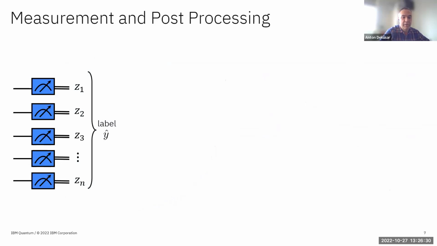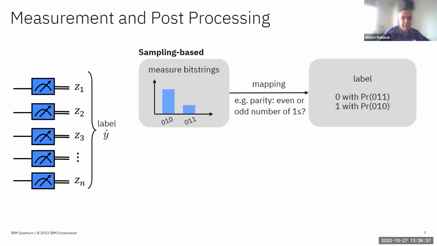So how do we measure and how do we post-process the outcome from quantum computers? They are probabilistic by nature. That is why, in the end, the simplest way is to measure just bit strings, right? You may have, as shown here, for example, 0, 1, 0, or you may have 0, 1, 1 as an output. To be sure that you captured the right outcome, you run your circuit many times.